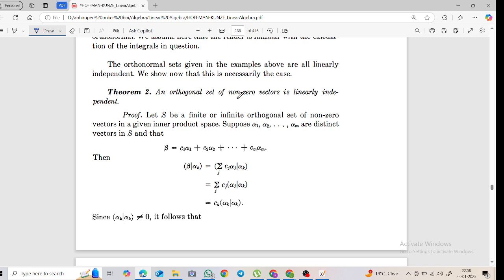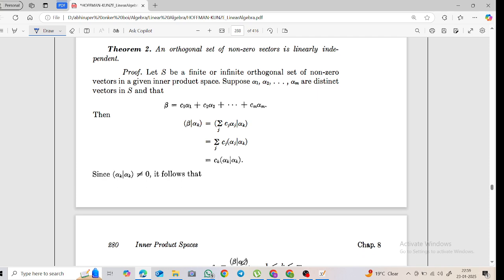An orthonormal set of non-zero vectors is linearly independent. An orthogonal set of non-zero vectors is linearly independent. And the technique is very easy.